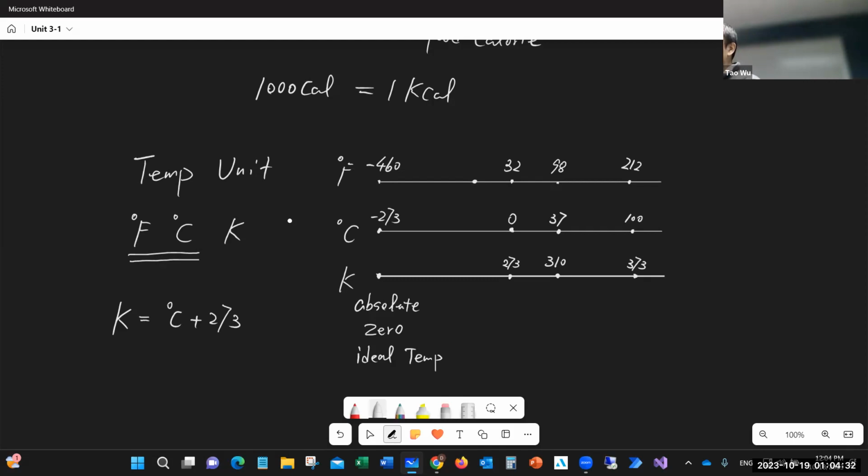Commonly, I can show you some of the temperatures. Liquid nitrogen is about 77 Kelvin. Liquid helium is about 4K.